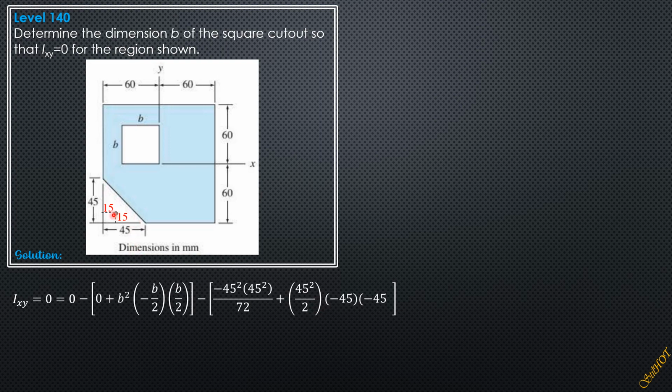X bar is negative 45, y bar is negative 45, as mentioned earlier. So negative of negative is positive b to the 4th over 4, and this is negative 1993359.375. Then times 4, it becomes positive, so we can now solve for b. B is 153.14 mm.